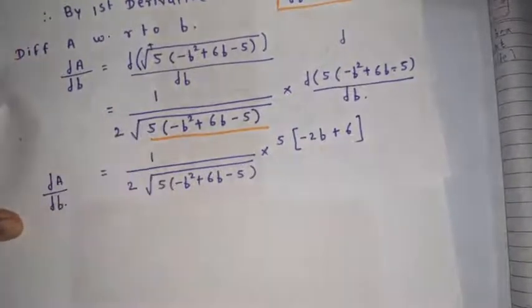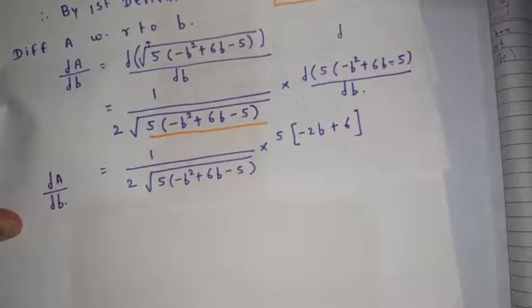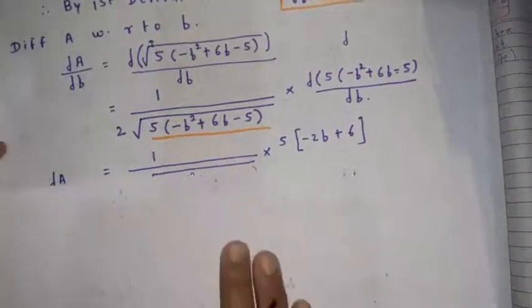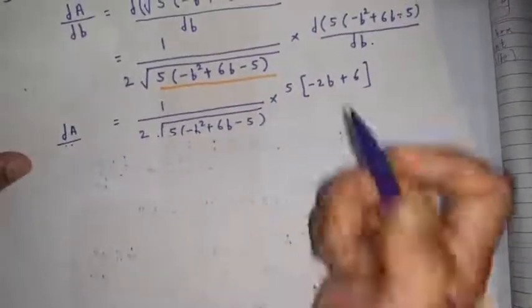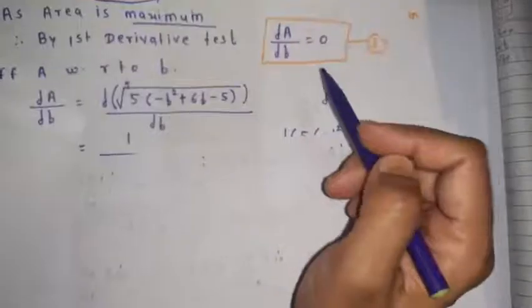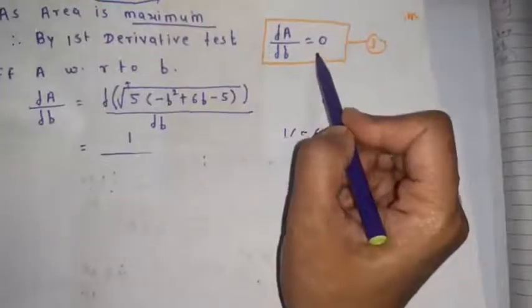Okay students, according to condition number 3, as area is maximum, by the first derivative test dA upon dB equal to 0.